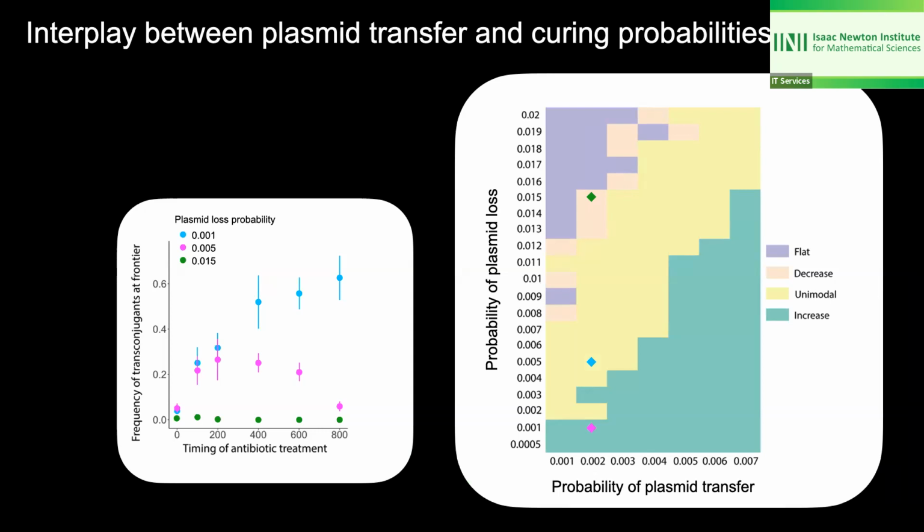Down here, when plasmid loss rate is high relative to plasmid transfer, then you can get monotonically decreasing. Here they're flat because you basically just kill everyone right away and it doesn't really matter. And then that sweet spot in between, this transition point, is where we get these unimodal relationships.